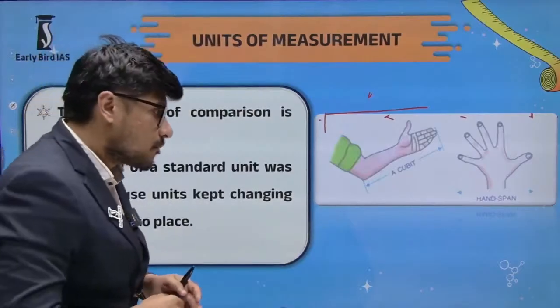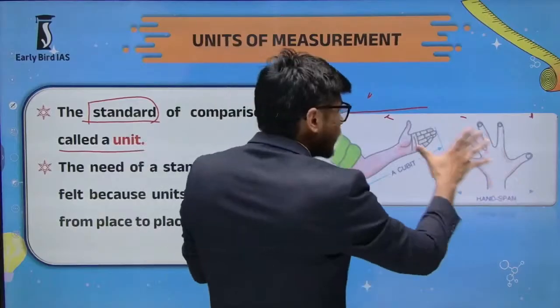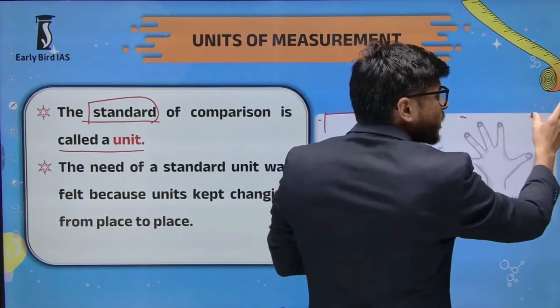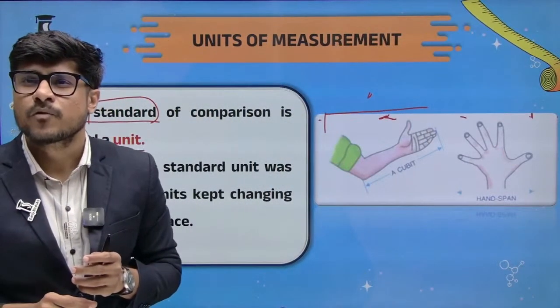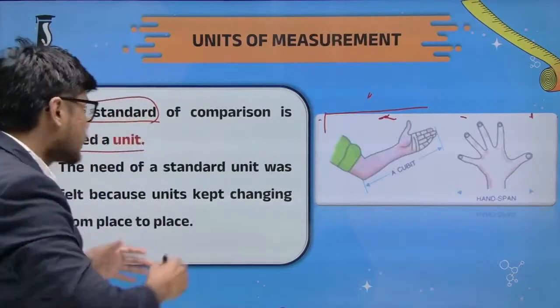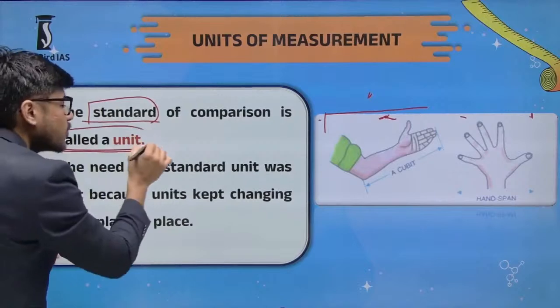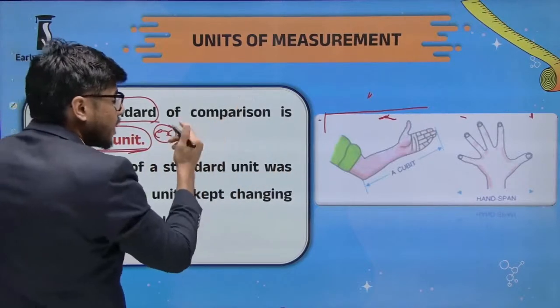This is one handspan, this is two handspan, this is three handspan, and more than three handspan. So this standard of comparison is called a unit. Here units can be, as I have told you, a handspan.